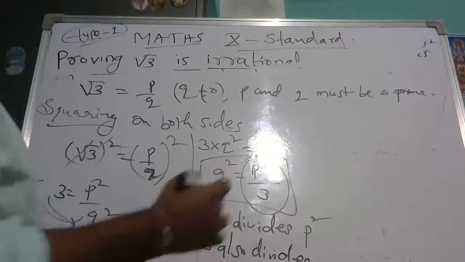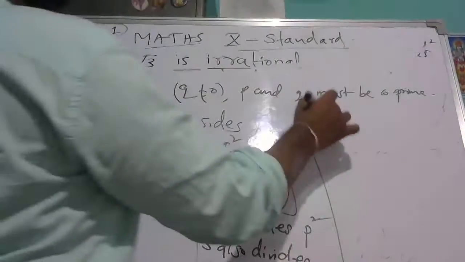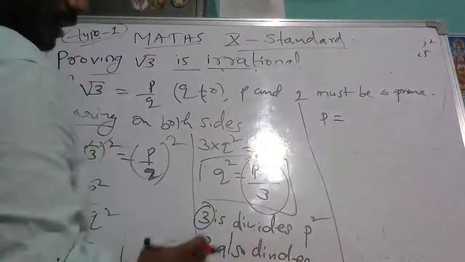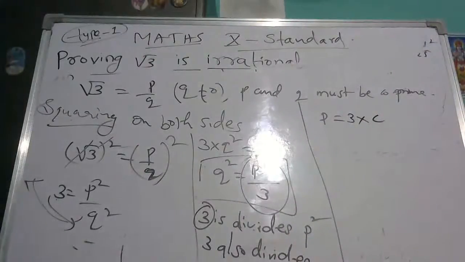I have already shown you an example. In that case, you can write p as a multiple of 3, 3 into something. Multiples are 3 into 1, 3 into 2, 3 into 3, so 3, 6, 9, 12, 15, 18. So many are there.